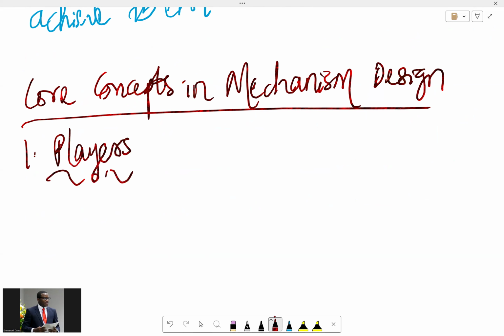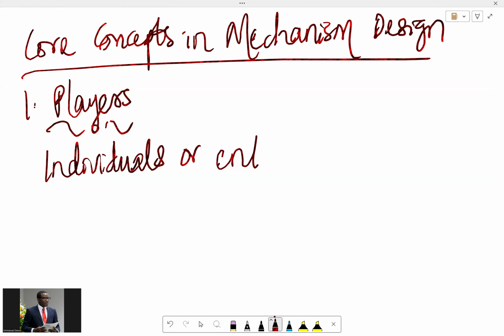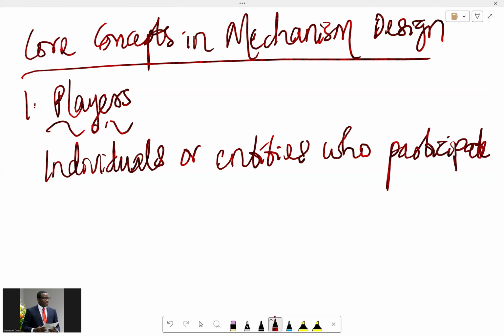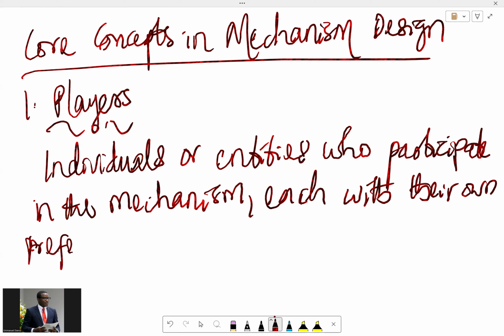As usual, they are the individuals or entities who participate in the mechanism, each with their own preferences and private information.